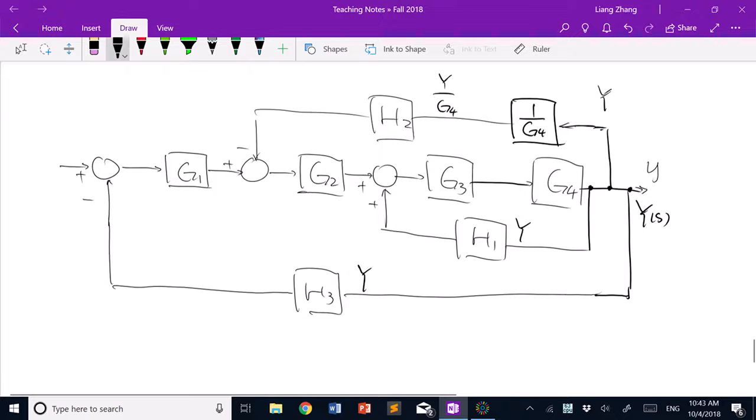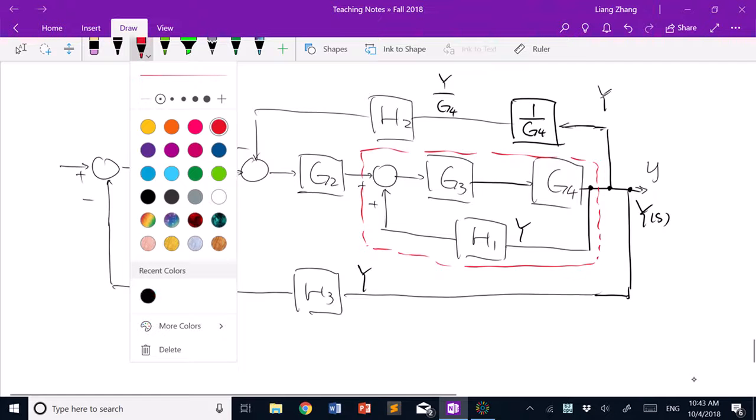But when I do that, instead of having three loops intertwined with each other, now I can view this in a slightly different manner. I can view this as an inner loop, right?